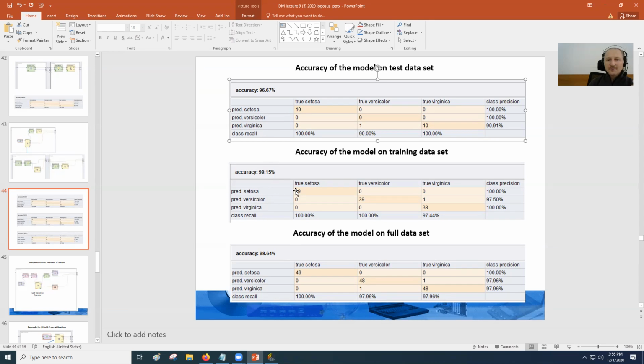It should always be like that if your model is perfectly configured, learned and trained. Training accuracy should be highest, full data accuracy in between, and testing accuracy should be less.